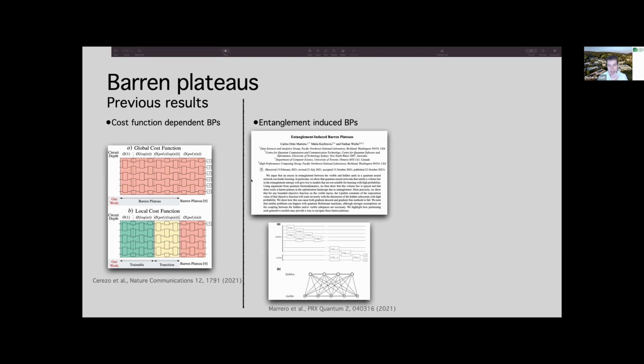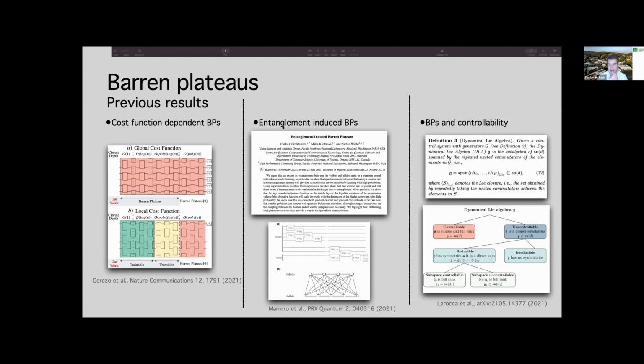Then there has been a work that first alluded to this connection between entanglement and Barren Plateaus, but didn't fully capture the whole scope, and they particularly focused on neural networks here, right, quantum neural networks. Then a few months ago, there was a very nice theoretical investigation of what determines whether an ansatz has Barren Plateaus or not.